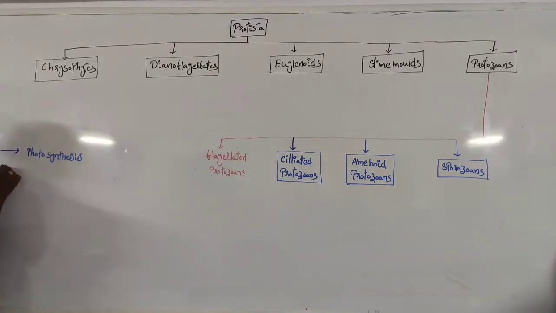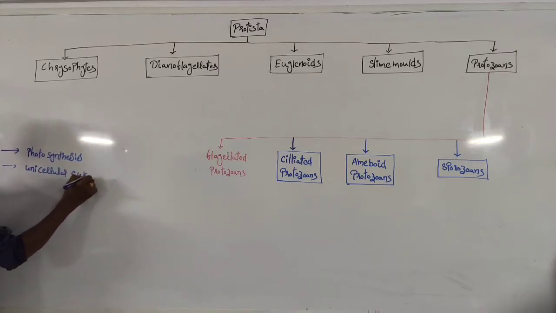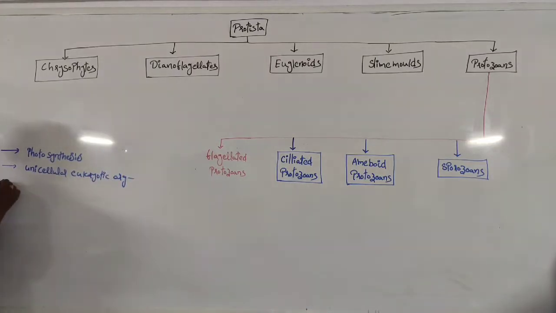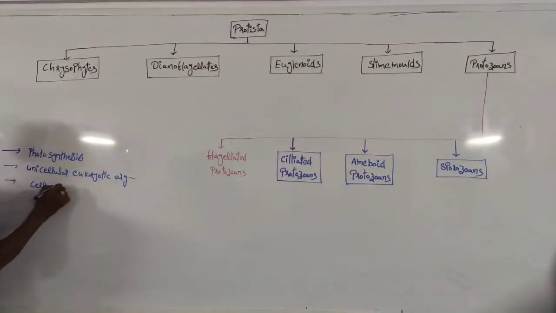The important point is that all of these are unicellular eukaryotic organisms, and they have a cell wall.